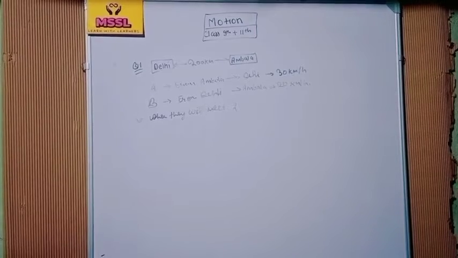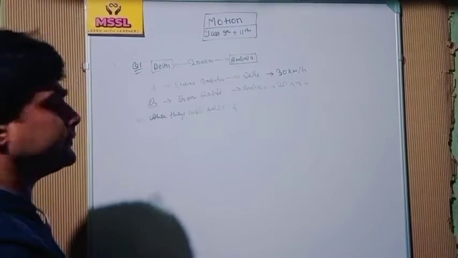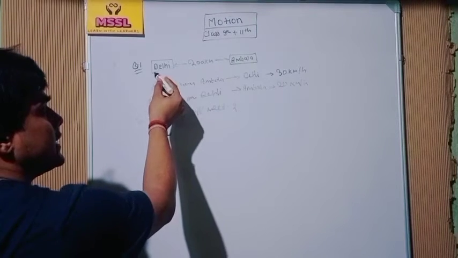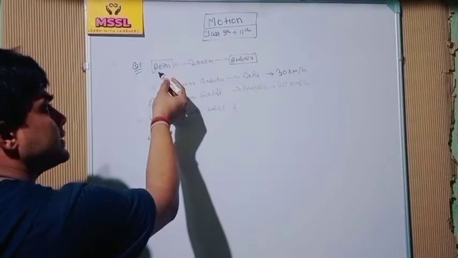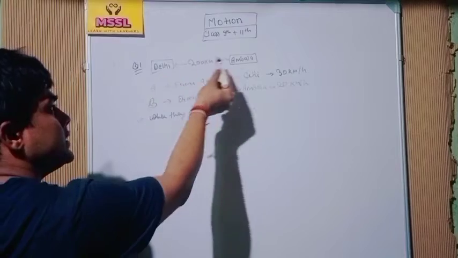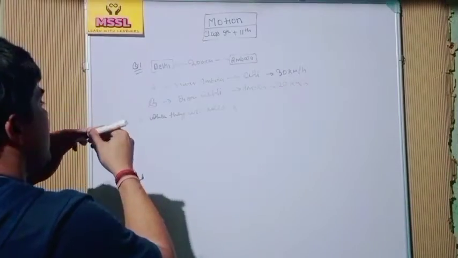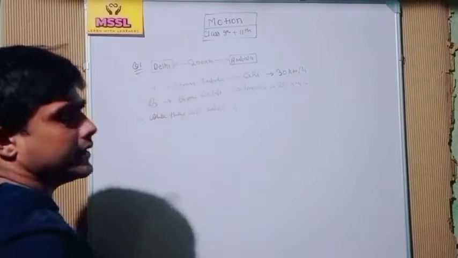Alright, so as you can see, there's a problem. A vehicle is running from Delhi to Ambala and another from Ambala to Delhi, and the distance from Delhi to Ambala is 200 kilometers.